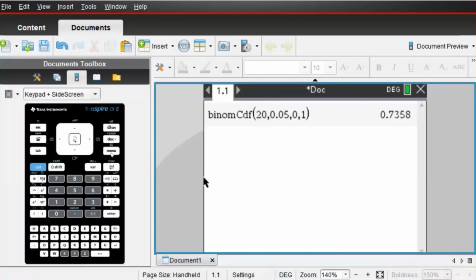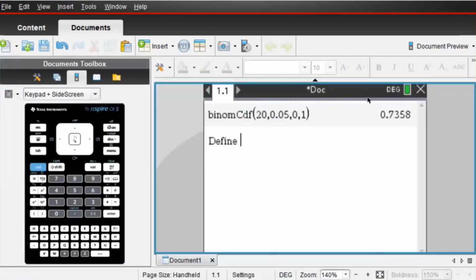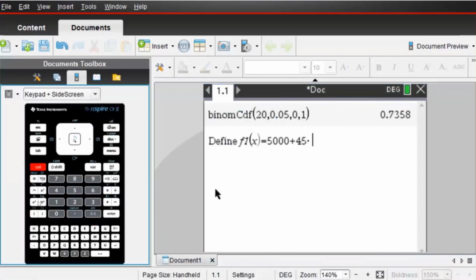So I'm going to go menu, actions, define. I'll define f1 of x. Now I'm using x here instead of t. So for city A it was 5,000 plus 45 times log, so control log, e is log to the base e, of x plus 1.